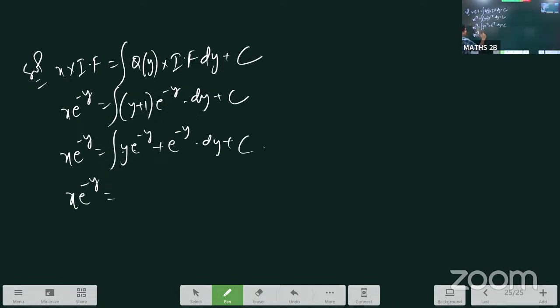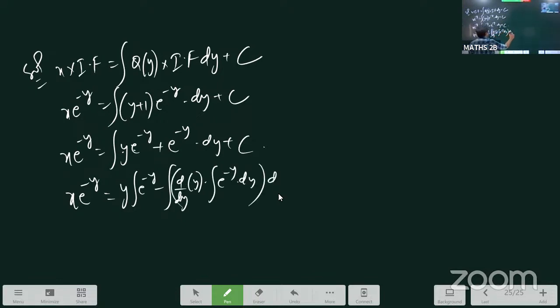Integration by parts. y into the integration of e power minus y, minus the integration of dy by y into the integration of e power minus y dy, its whole dy, plus the integration of e power minus y is e power minus y. Let it be the integration of e power minus y like this only, plus c.